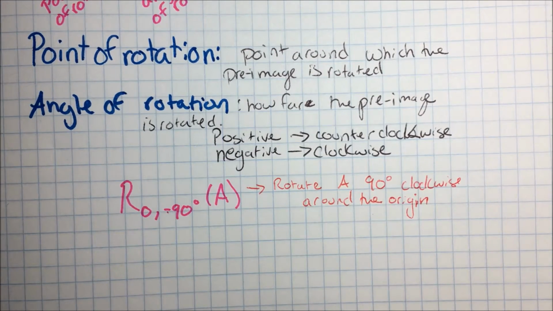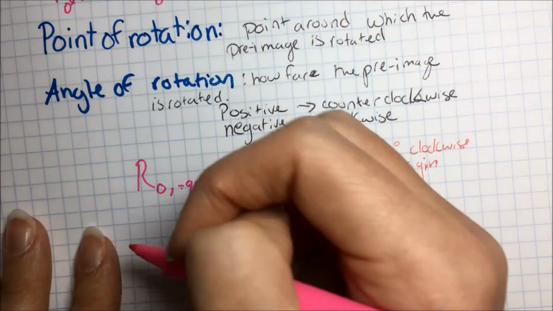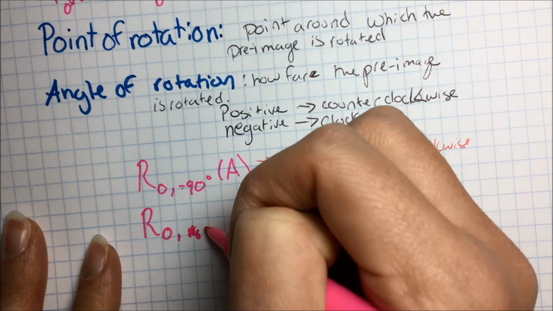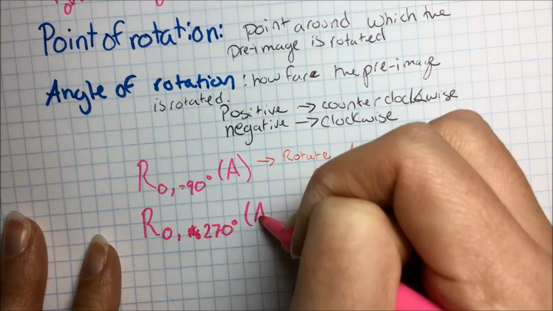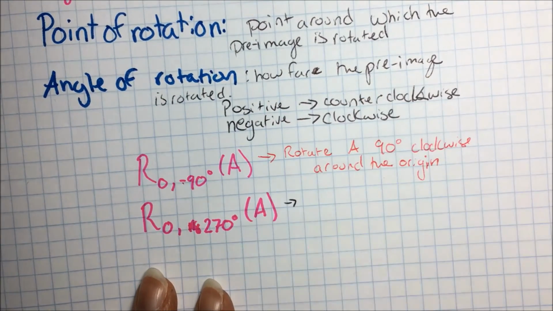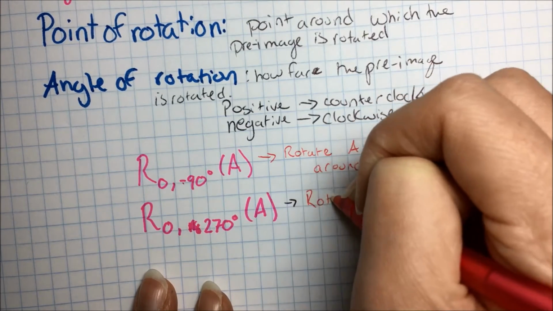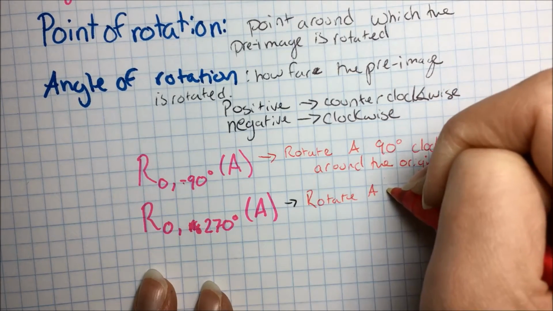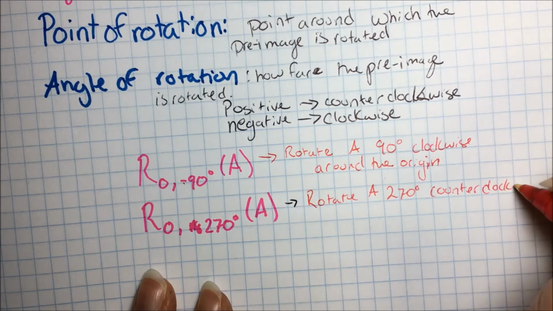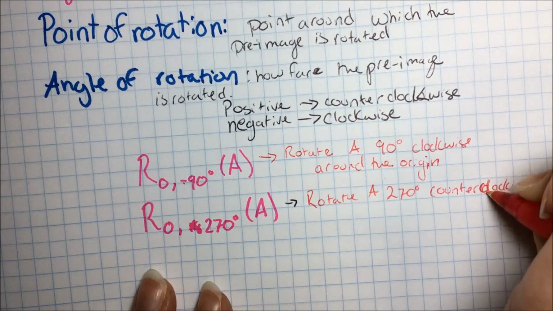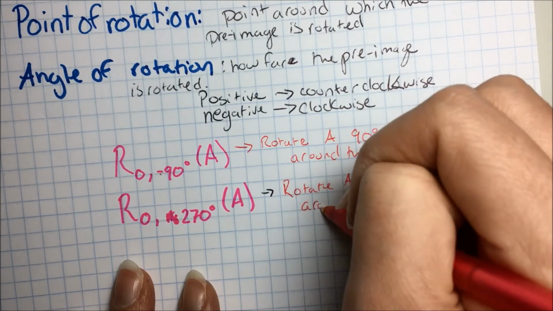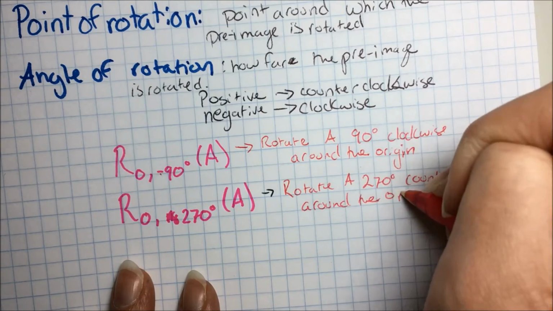If I saw this, this would mean rotate 270 degrees counterclockwise around the origin.